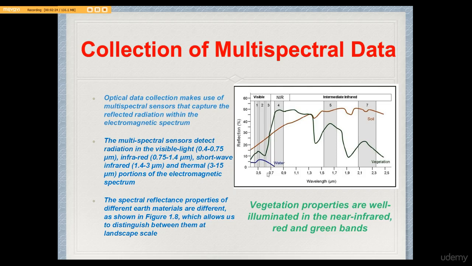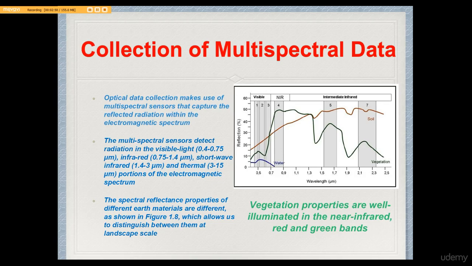Now, different materials on Earth have different properties, and the spectral reflectance properties are therefore different. So water comprises a different set of materials, forests comprise a different set of materials, soils comprise a different set of materials, and the spectral reflectance properties are therefore different for all of these materials.